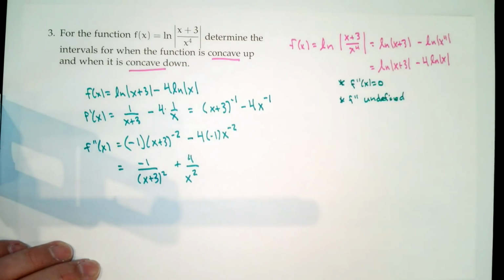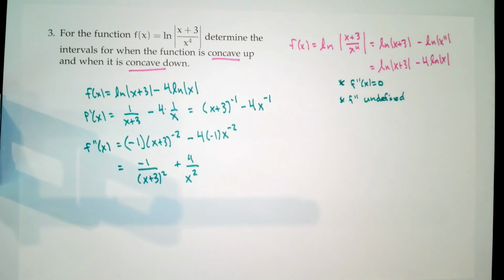Both of these are things I have to pay attention to. And the reason I bring up the second derivative being undefined is I do have things in the denominator. So if I ever have something in the denominator, I always have to check. Could this be undefined? Well, I suspect it could be, actually, given that there's an x.